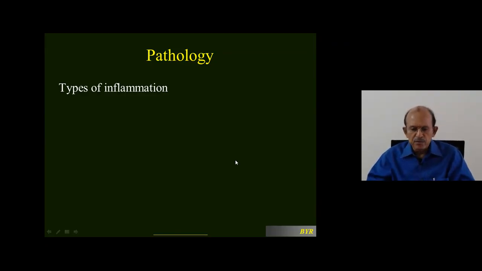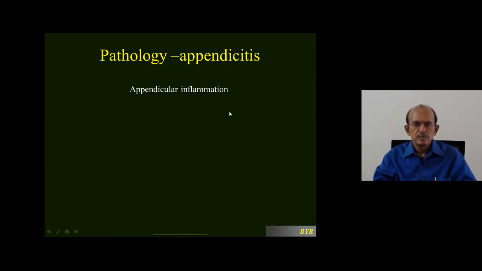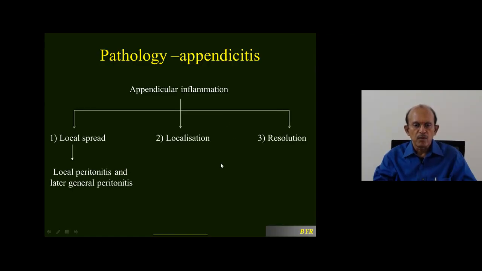So what are the types of inflammation? The types can be classified into two: the catarrhal type and the obstructive type. How does appendicitis progress?